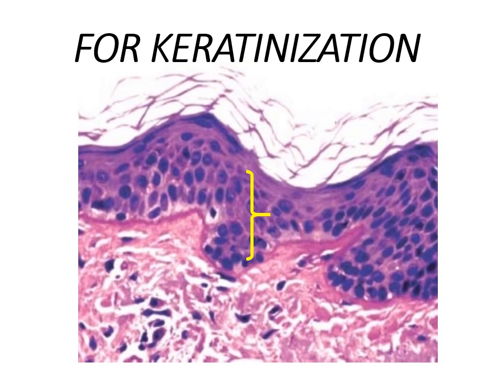May nakita lang na naka-pointed structure, stratum spinosum na agad ang answer nyo. Dapat basahin nyo mabuti yung question. So, ang question is, what is the function of the bracketed structure? So, ang primary function ng stratum spinosum is for keratinization.